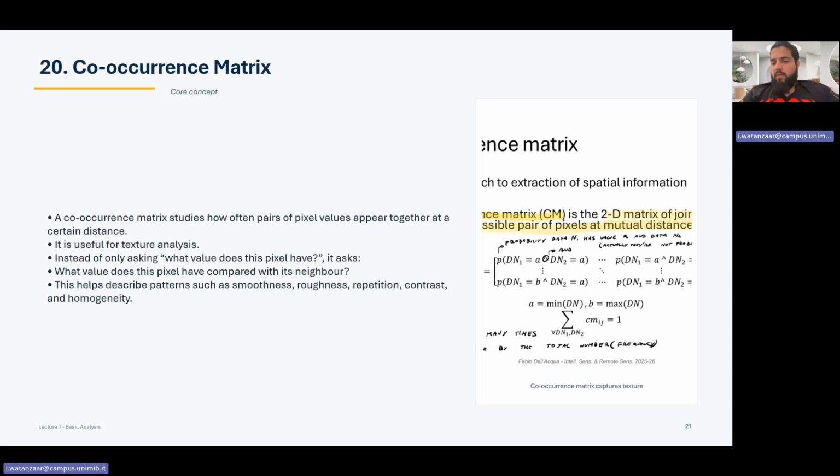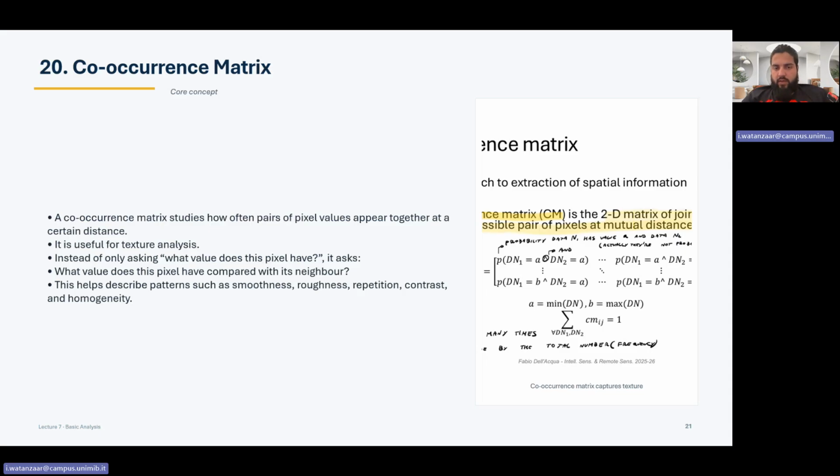Because it is a pair, we will definitely follow a certain path or distance, and also a direction. So the co-occurrence discusses the happening of pairs of pixel values at a certain distance. It is useful for texture analysis, which we will discuss further. Texture is one of the spatial attributes we have seen in the previous lectures.